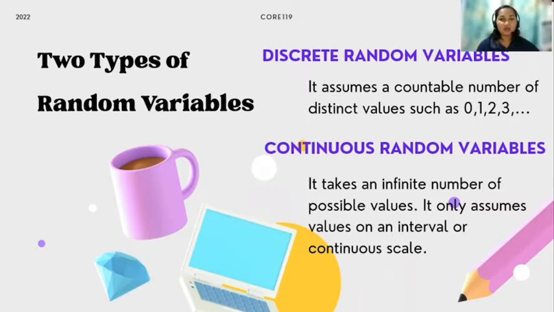These are examples of continuous scale. Whereas for discrete random variables, we have the number of enrolled students in senior high school, or the number of pages in a book. We can count the number of pages in a book. These are examples of discrete random variables.